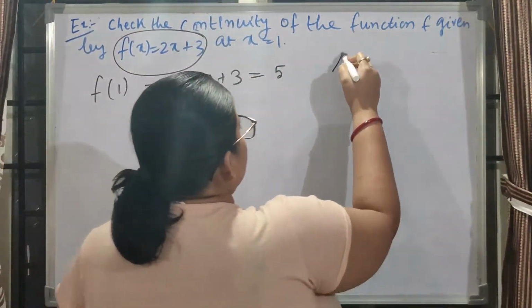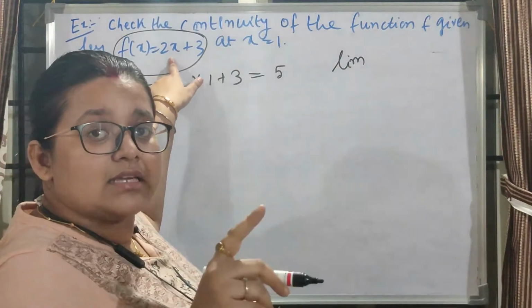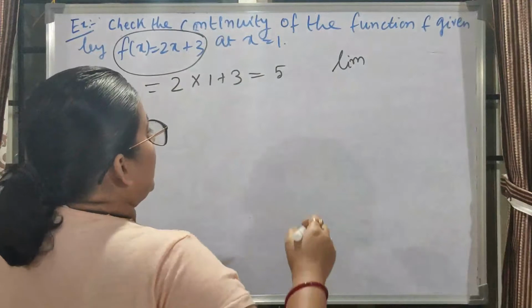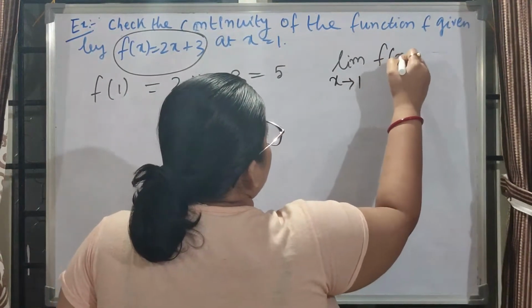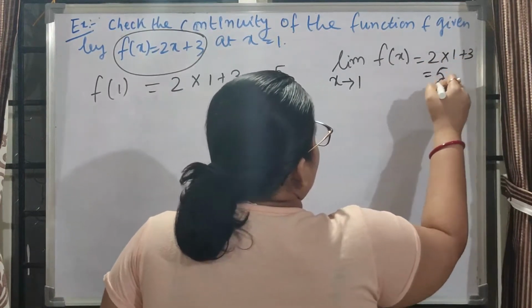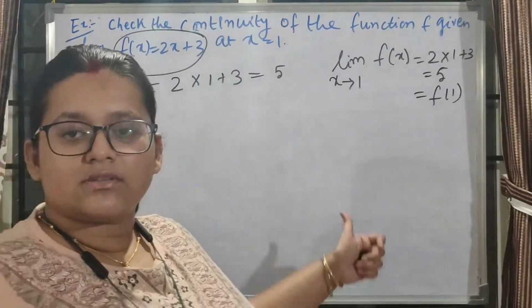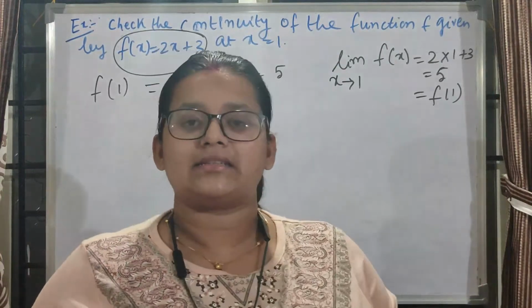So here this is a polynomial, and a polynomial function is always continuous. This is the trick here. So limit x tends to 1, f of x also gives the same value. So this equals f of 1. So the function is continuous. From the definition, the limiting value and functional value at x equal to 1 are equal.